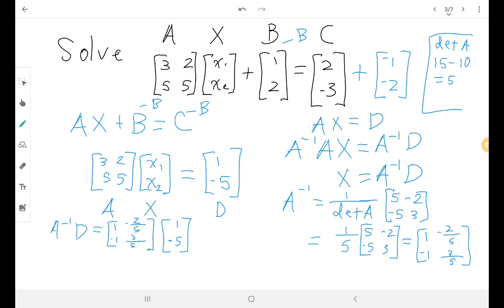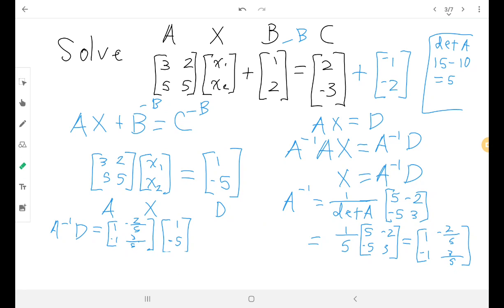So just as a reminder, the only reason I can do this is because this is a 2 by 2 times a 2 by 1, and so the insides match, and I will get a 2 by 1 as my answer.